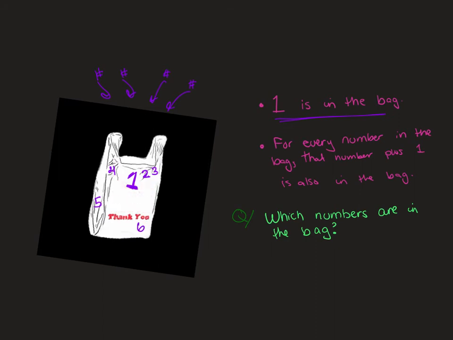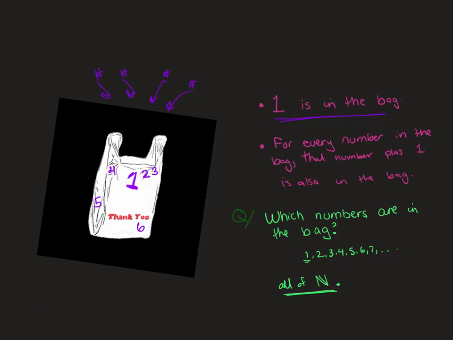So we keep building up and up and up. And we know for every number we get one more number. We're going to get every single positive integer. So really, the numbers in the bag is the set of natural numbers. So all of those natural numbers.